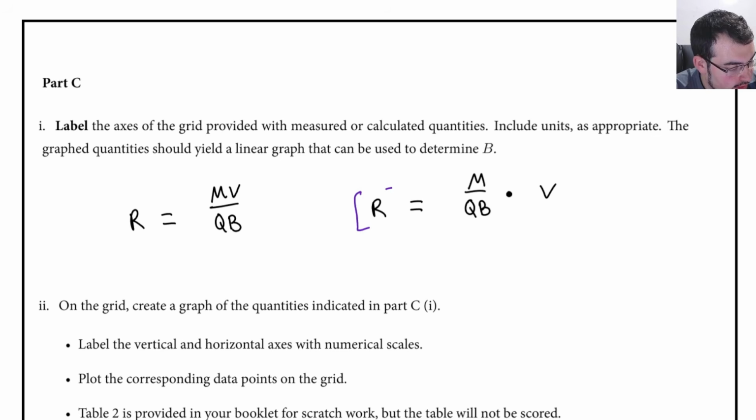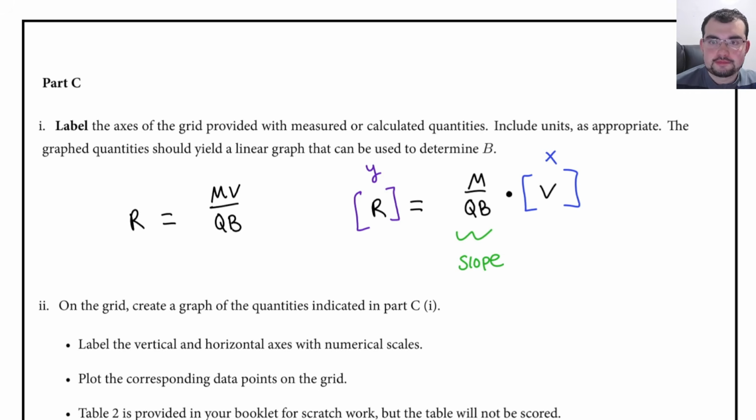So I can graph R versus V. So I can put R on the y-axis, V on the x-axis, and M over QB will therefore be the slope. Other ways work. You could put everything in the blue box and just have your slope be 1 over B. There's some even more interesting ways of doing this too.